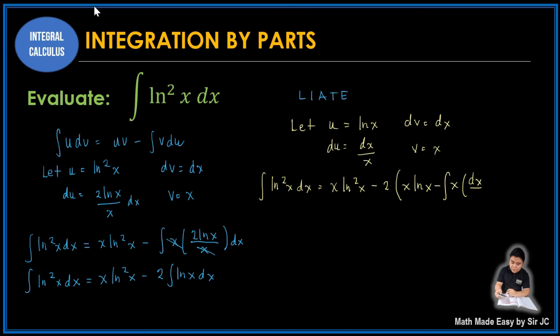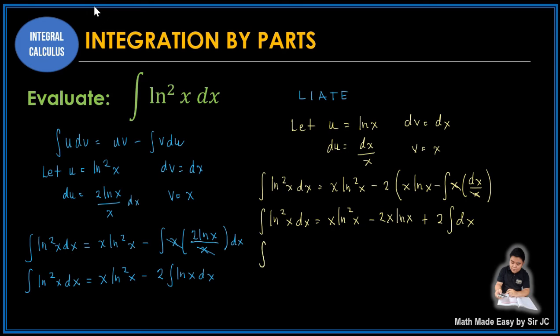So we have x ln squared x minus 2x ln x, and the x cancels. Negative negative gives plus 2 times the integral of dx.